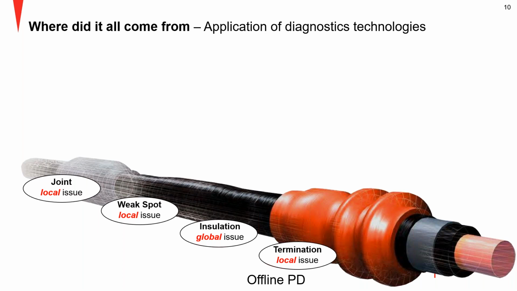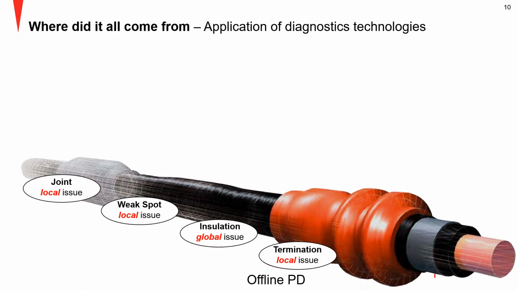The local issues are anything that is very limited in its spatial dimension and very located to certain things in and on the cable, namely the accessories. So local defects are directly related to the accessories, and the global issues are with respect to the homogeneously aged main insulation of the cable.